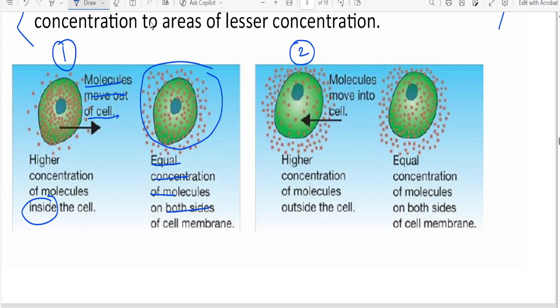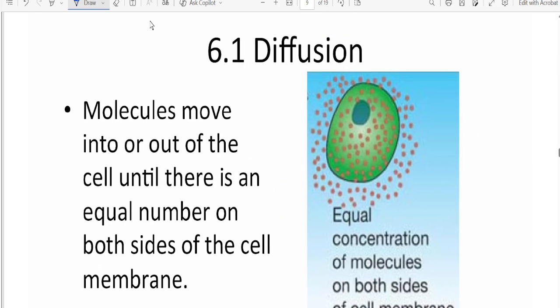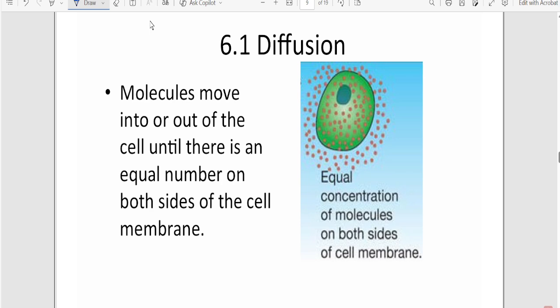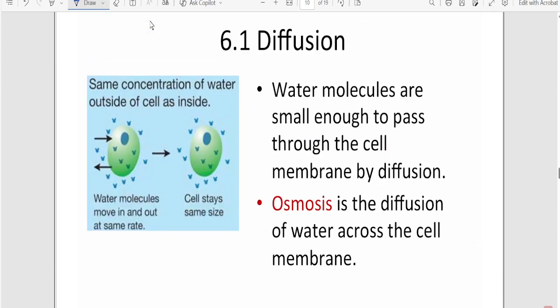Yes, molecules move into the cell until it gets equal on both sides. So molecules move into or out of the cell until there is an equal number on both sides of the cell membrane. This black line is the cell membrane. It keeps moving until we get equal concentration on both sides.